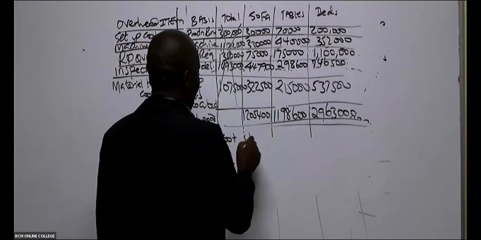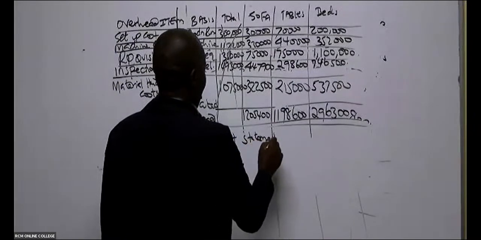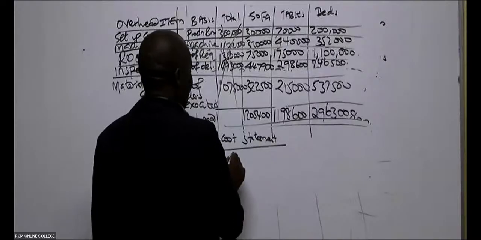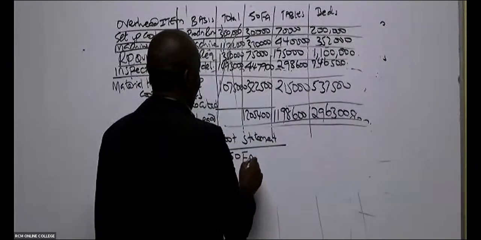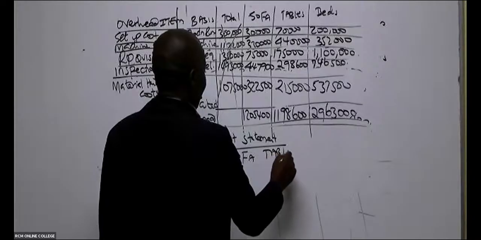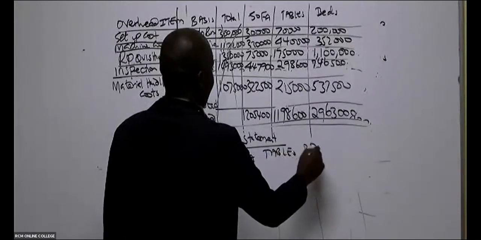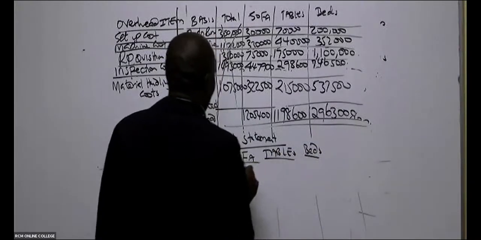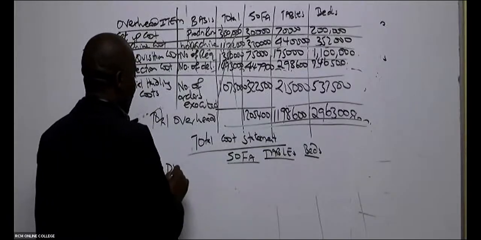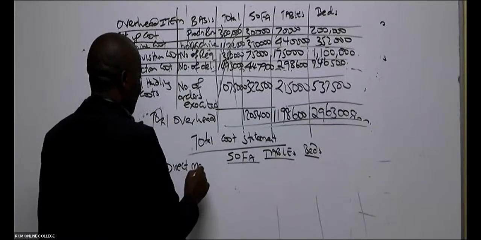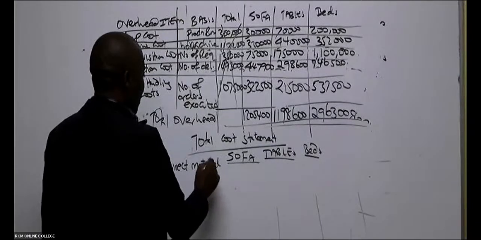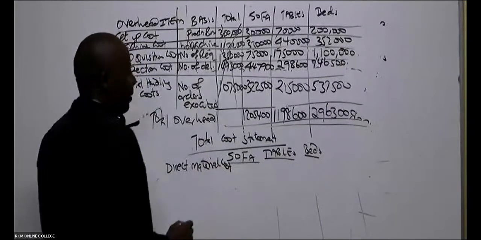Total cost statement, where we have 3 products so far: sofa, tables, beds. So we start with the prime costs, where we start with direct material cost. Remember, this doesn't change.